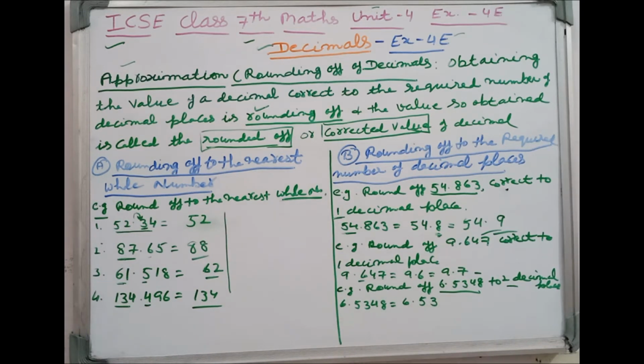Now in this, what we will do: we have written two decimal places, 6.53, right?